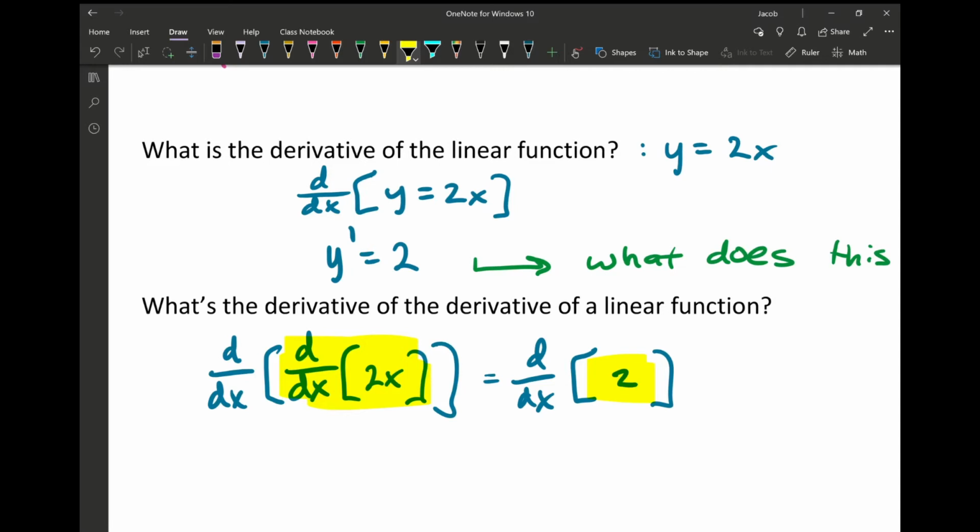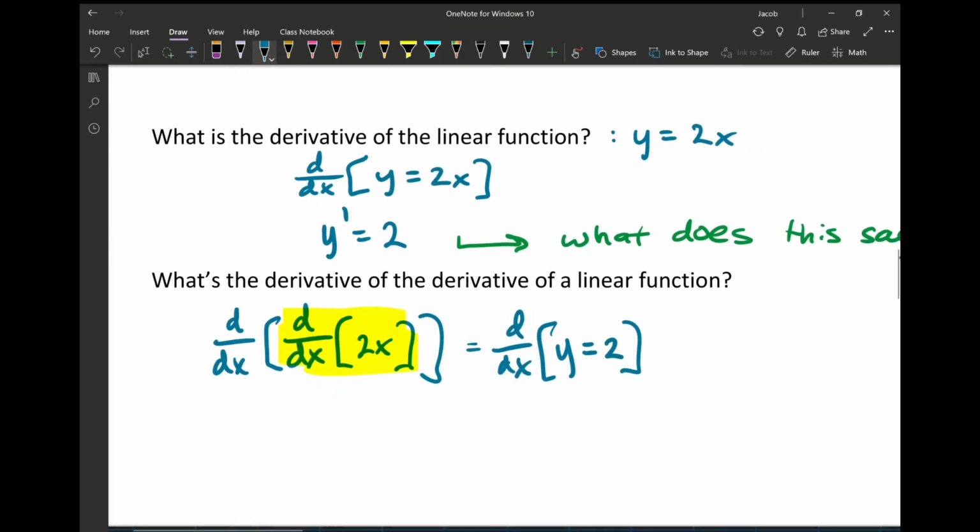So what's the derivative of a function that is just equal to 2? And if you want me to be a little bit more formal, that might help. What's the derivative of a function where y is equal to 2? Well, that's a horizontal line.